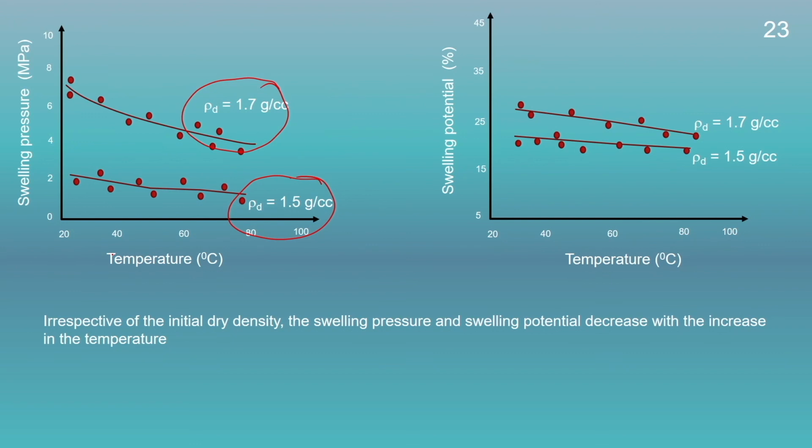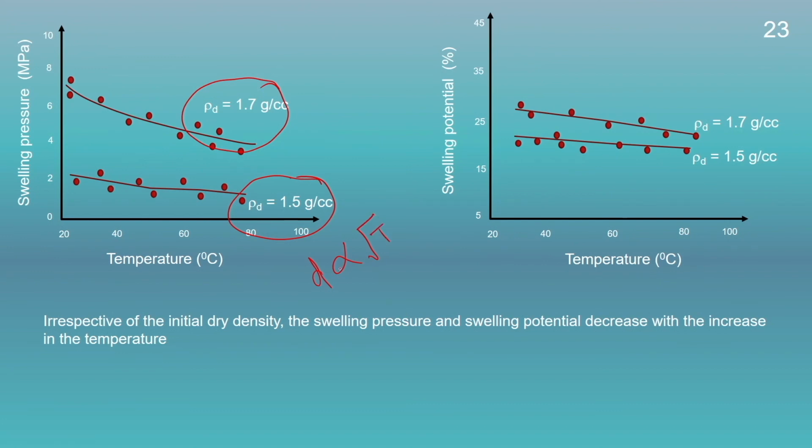So, heating a soil to a temperature up to 100 degrees, maybe the diffuse double layer will come into the picture, but when we heat the soil sample at high temperatures, say around 400 and 600 degrees centigrade, since there will be no diffuse double layer water, only the structural changes of the soil will control its behavior. And we know that the diffuse double layer thickness is directly proportional to the square root of temperature.